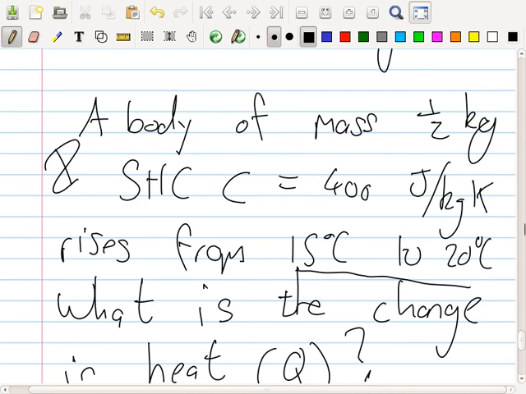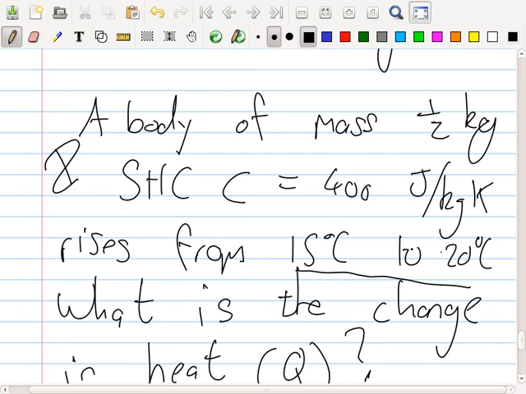Look, the formula only asks for the change in temperature. If I convert this to Kelvin, how do I do that? I add 273, and I add 273. But when I subtract them, those cancel, so it's still going to be 5. If you don't believe me, go check it on your calculator.